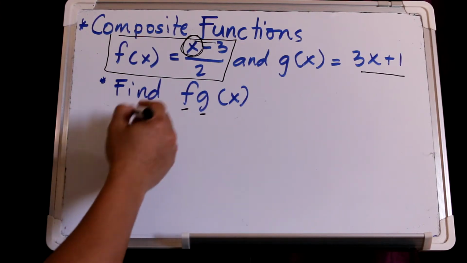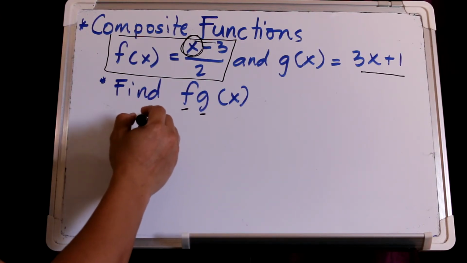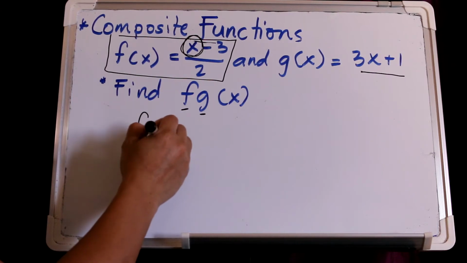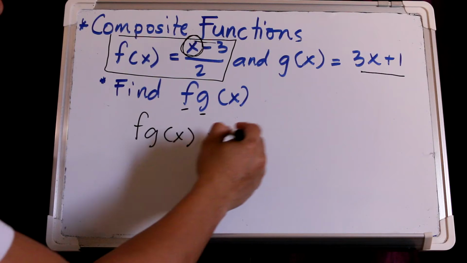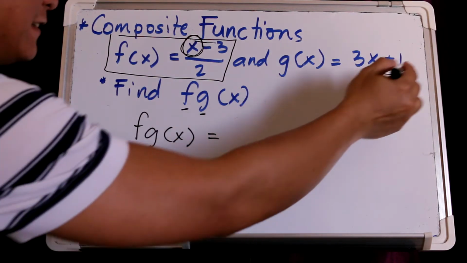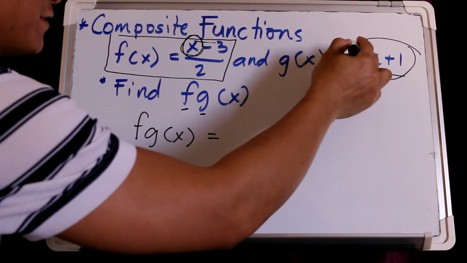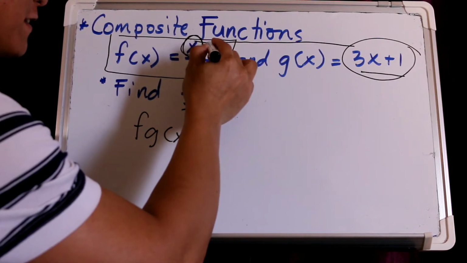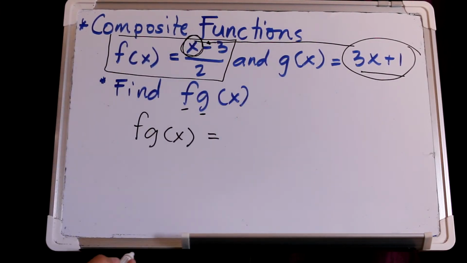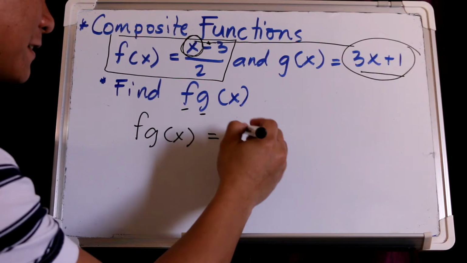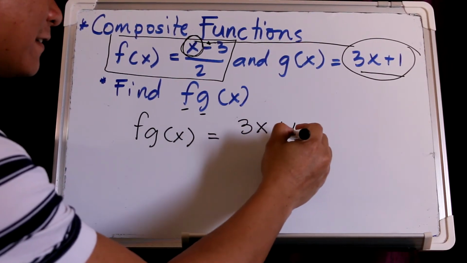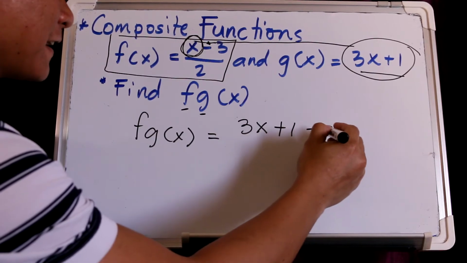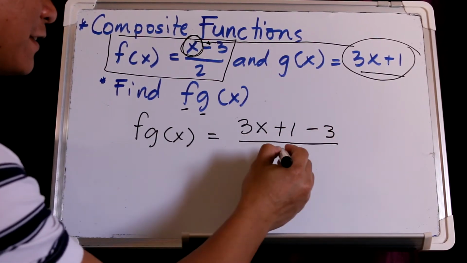Okay, so if we're going to write it, we will have fg(x) is equal to, again, this whole function will go there. That means (3x plus 1 minus 3) divided by 2.